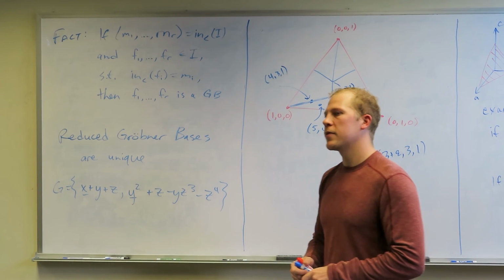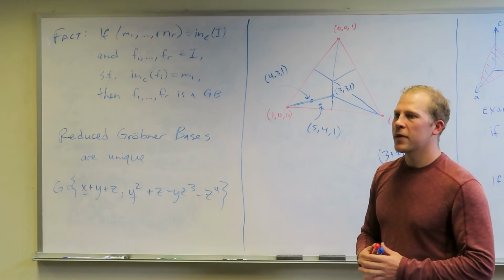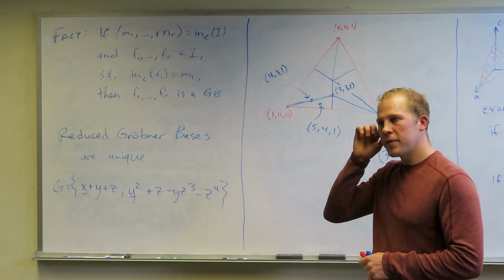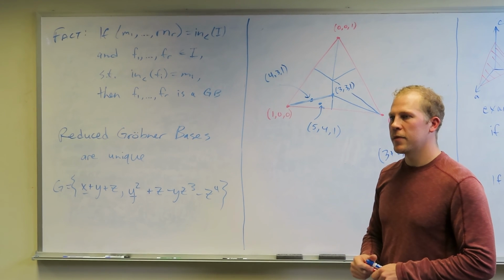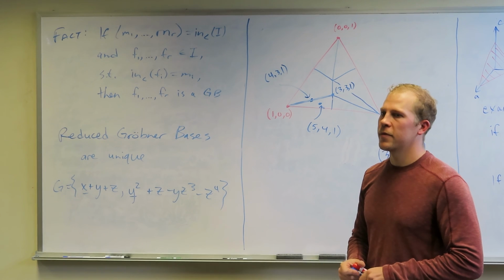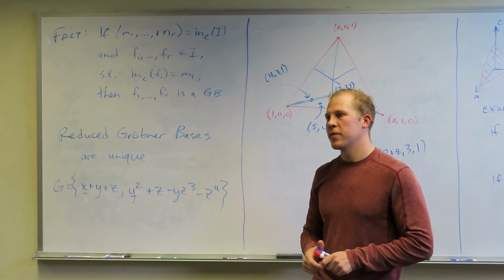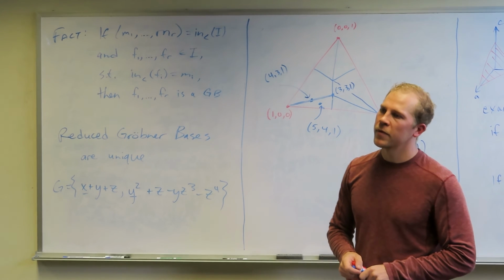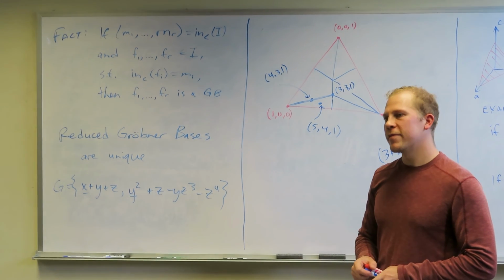So this, having a basis of generators and then trying to find a Gröbner basis, reminds me a little bit of our algebraic geometry class. If you start with an ideal for a variety in affine space, and then you want to find generators for the ideal of the projectivization, you cannot just homogenize generators of your original ideal. You may have to use different generators.